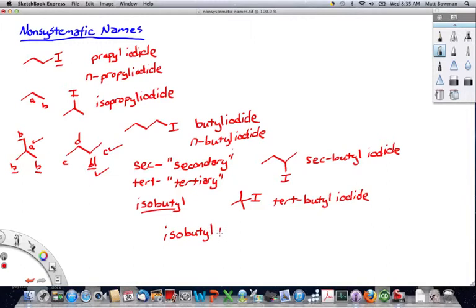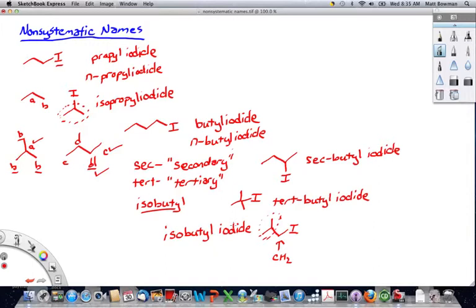Isobutyl iodide is when we attach it to one of carbon B. And you can kind of see how isopropyl and isobutyl are related. They both have this sort of Y shape. The difference is isobutyl has an extra CH2 in it.